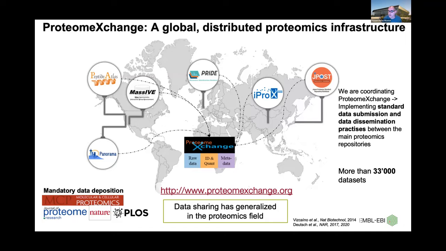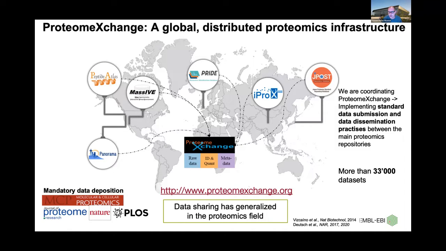Most of them you will hear about today. It is integrated by jPOST in Japan, iProX in China, PRIDE in the UK, and MassIVE, PeptideAtlas and Panorama Public in the US. The main task of ProteomeXchange is to define and coordinate a set of guidelines and rules about how to submit and deposit public proteomic data.